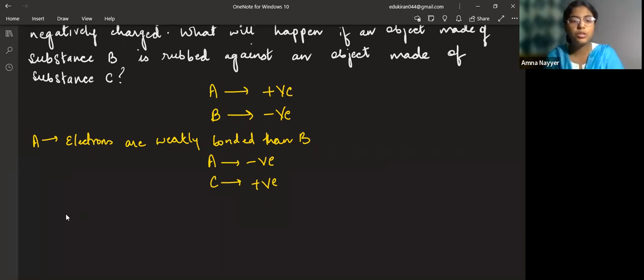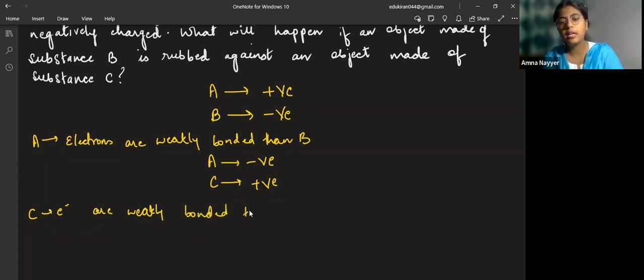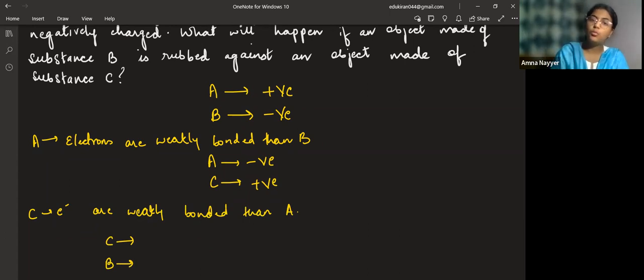So now what conclusion can you draw about C? Electrons are weakly bonded than A. So what we have to find out is, if B and C are rubbed, which will be positive, which will be negative. The affinity of A is less than that of B, from the first conclusion, and the affinity of C is less than that of A, from this conclusion.